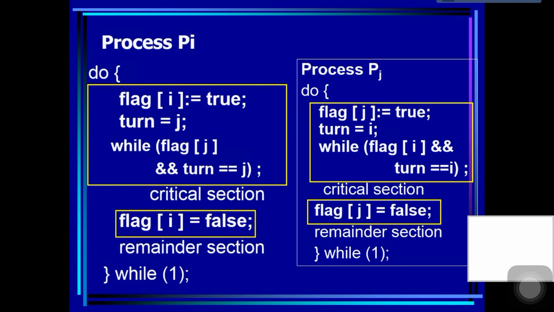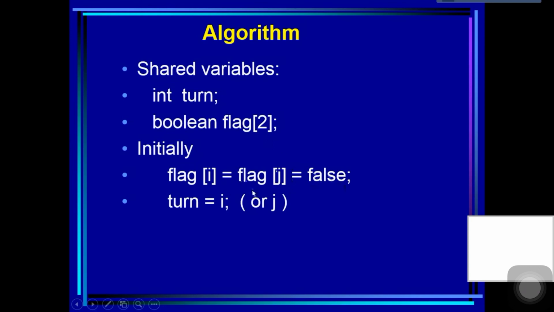And about the second requirement, progress, that means if process Pi doesn't want to enter its critical section, then flag i equals false, because we initialize flag i and flag j to false.